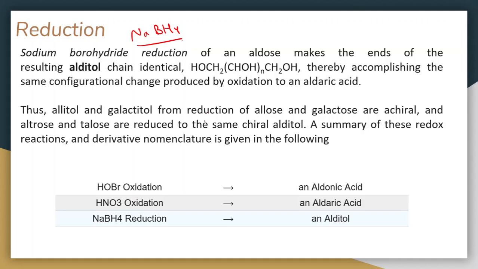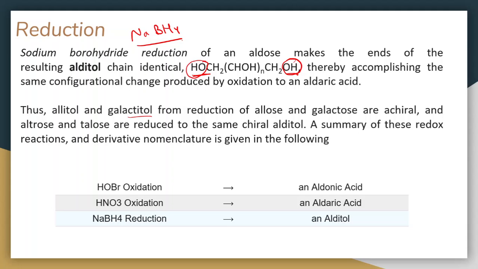So over here if you see, this is the sugar. Upon reduction with sodium borohydride, it gets converted into an alcohol. It is entirely made up of OH groups present on all the carbons. So that is how you can detect whether it is reduction or oxidation. The CHO group is getting converted into CH2OH.